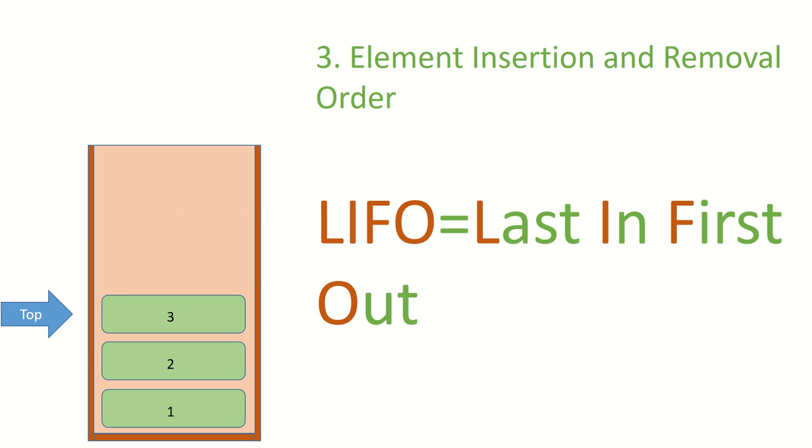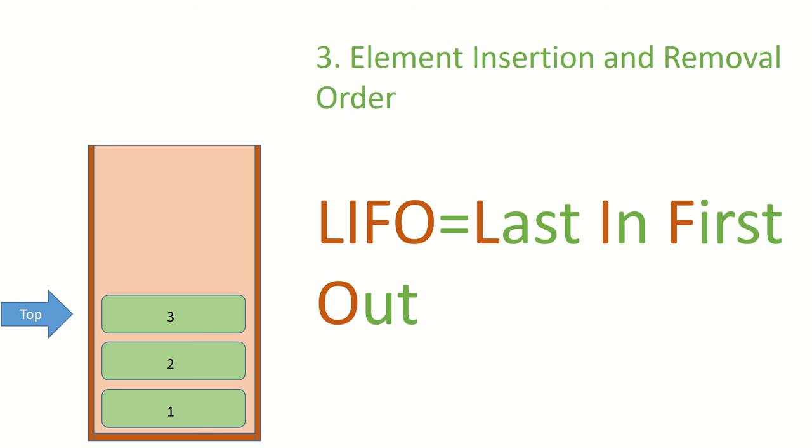Add one more element and the top pointer will point to the latest element, that is 3. Now since 3 is the last inserted element, if you call the pop method on this object, 3 will come out.